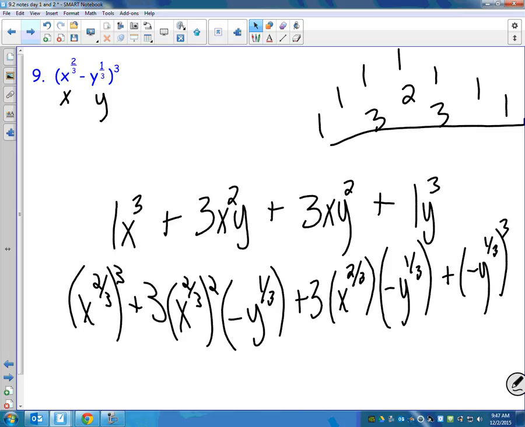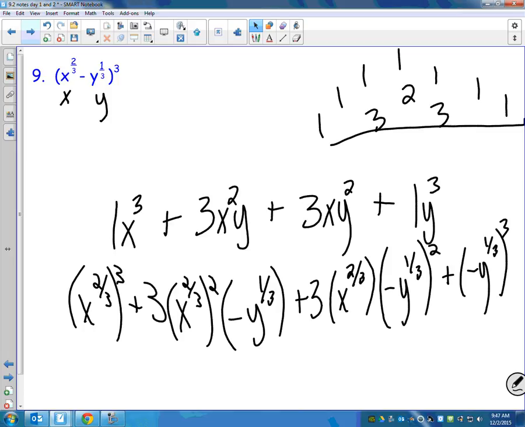Remember that power to a power is just multiplying the exponent. And if you get a fraction, that's okay. You can just leave it a fractional exponent. That is square root. Also know that one of them is negative. It should alternate signs. That's another pattern that maybe you realized as you did these yesterday.